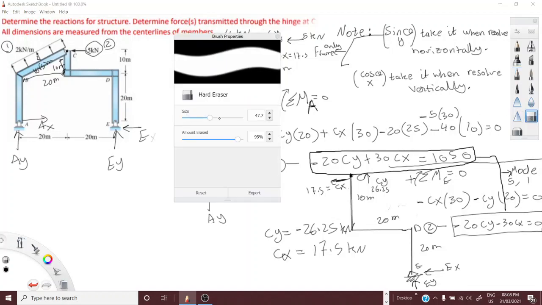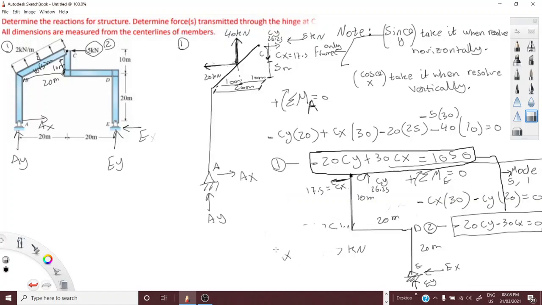Right now you can find the summation of moment at A and at B. Summation of Fx equal to 0 plus, you have 17.5 to the right side, so minus Ex minus 17.5 equal to 0.